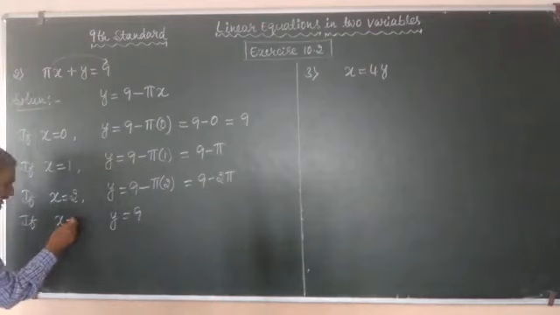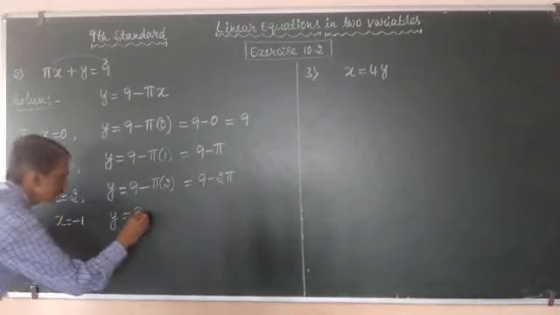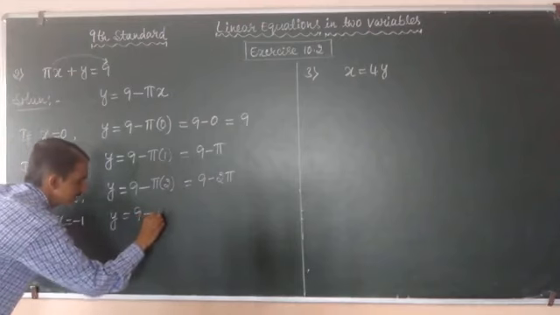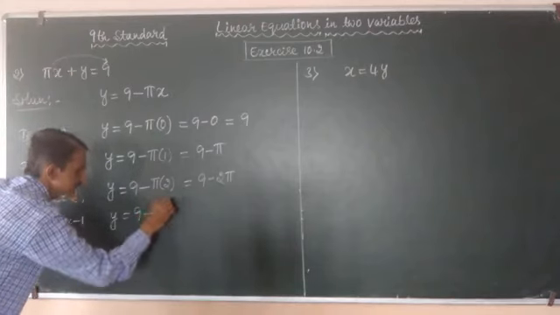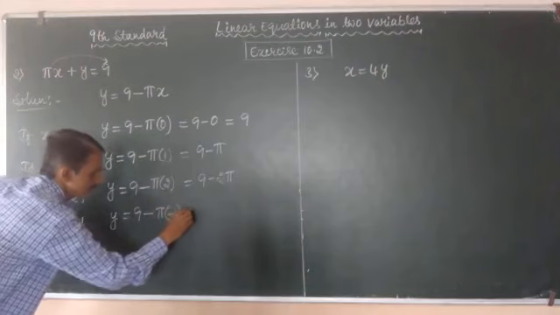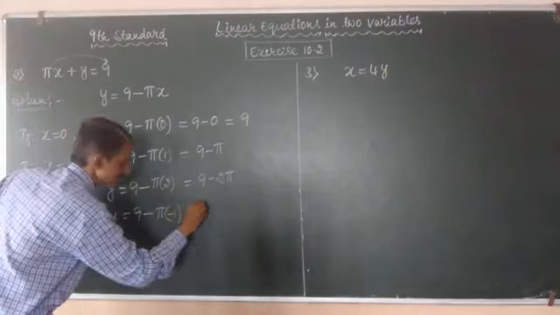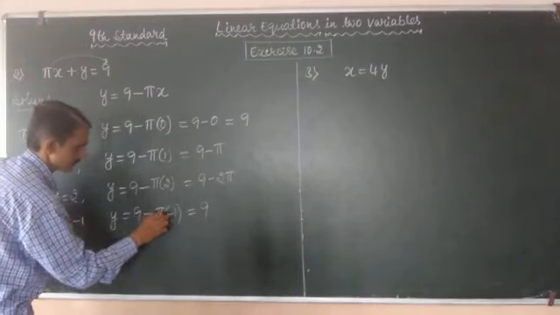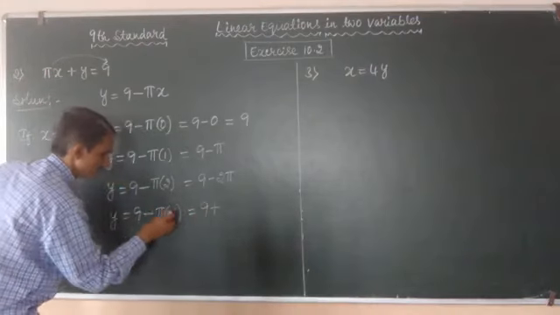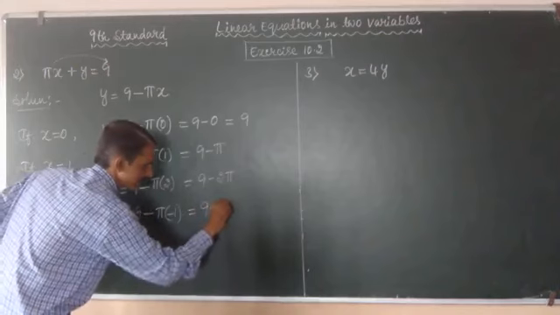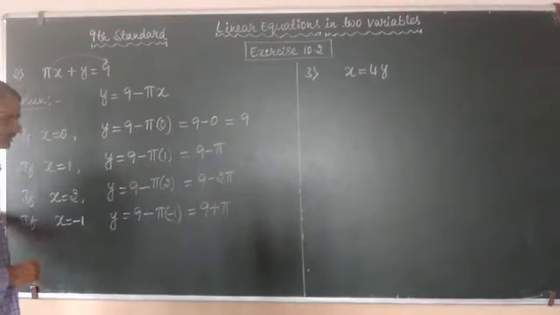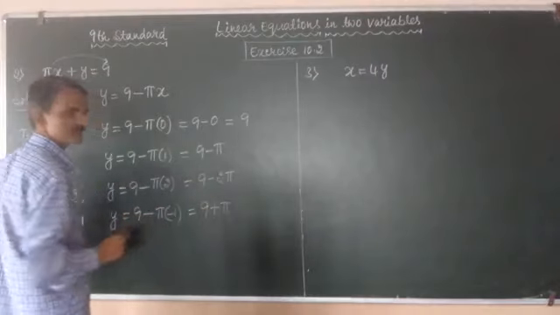So x equals minus 1, y equals 9 minus 5 into minus 1. So here write the 9 as it is, minus into minus it is plus, 1 5 is 5. So if x equals minus 1, we got 9 plus 5.